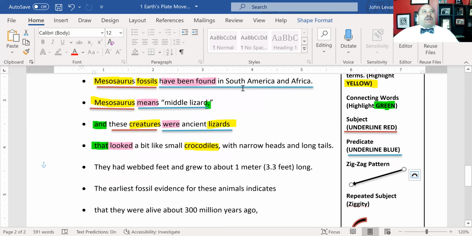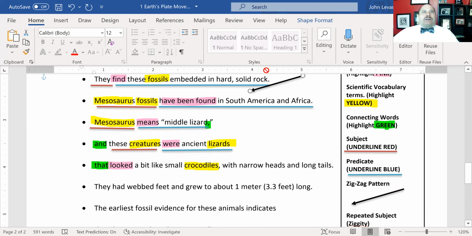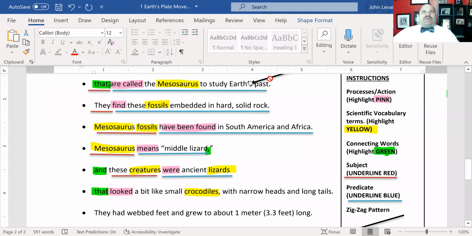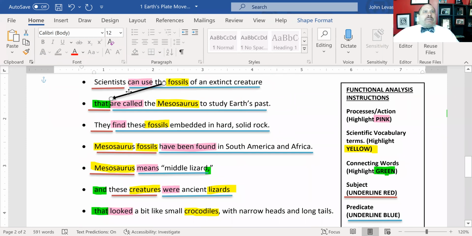pattern. We've had a few lessons about the zigzag pattern now. The zigzag pattern happens when a piece of information in the predicate becomes the subject of the next sentence. For example, scientists can use fossils of an extinct creature.